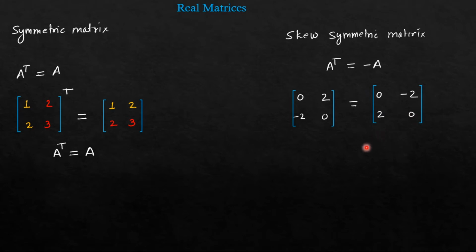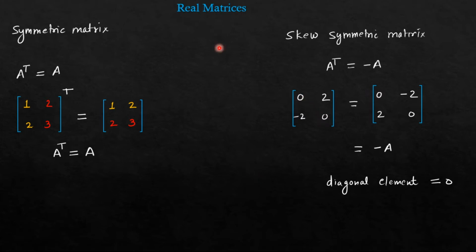So you can clearly see it is equal to minus A. This is the A matrix and this is minus A. So this is the example of a skew symmetric matrix. And for this to happen, the diagonal elements must be 0. Here you can see the diagonal elements are 0.